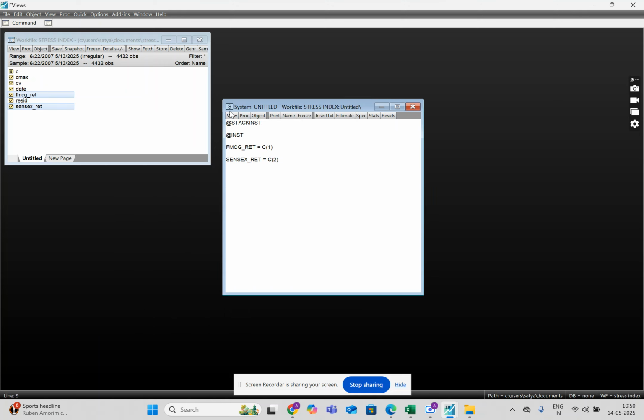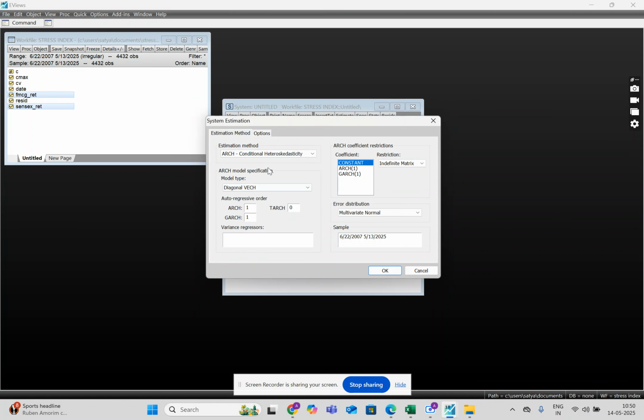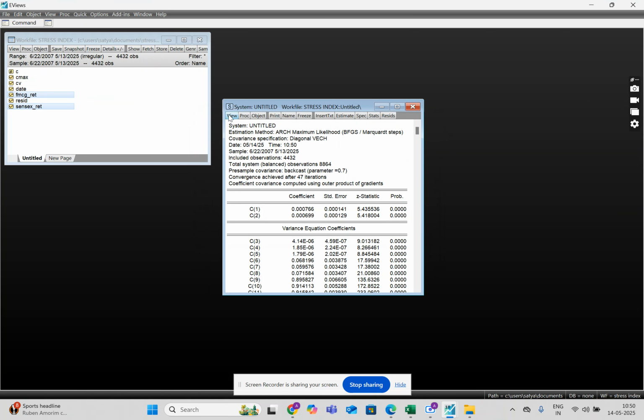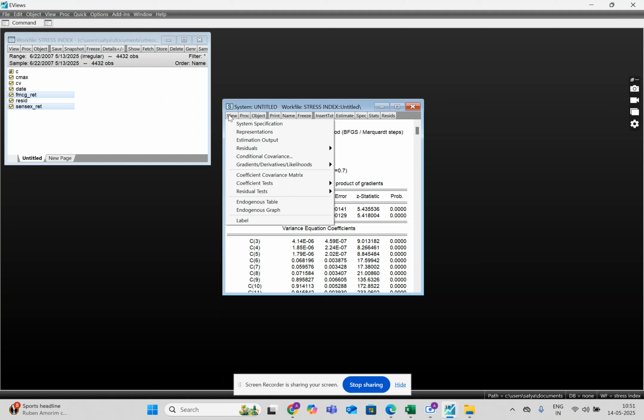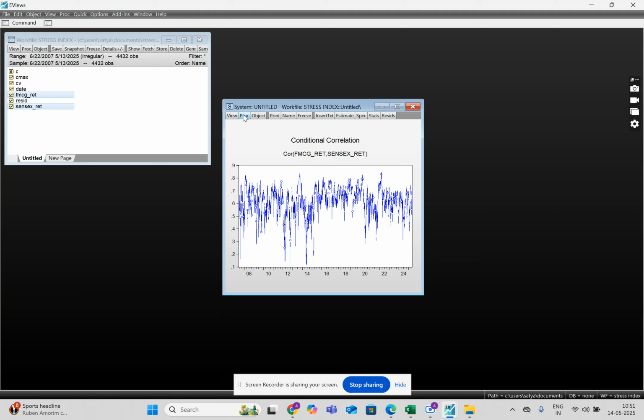So we go to estimate, we go to diagonal VEC. Yes, so now we have diagonal VEC. It takes a few minutes, and now we go to view and we have conditional covariance. So we actually need conditional correlation. Let's go to conditional correlation.